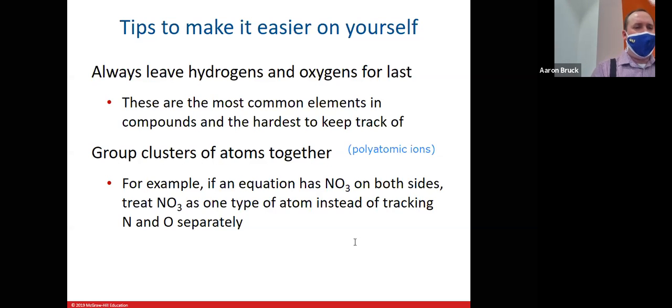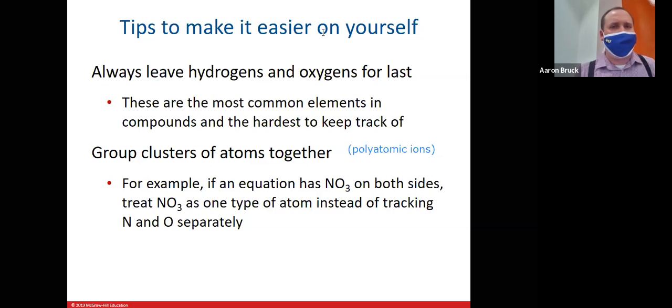Doing it this way will also make the task of keeping track of hydrogen and oxygen a lot easier, because some of your oxygens will be contained inside of those clusters. And it's a lot easier to maintain control and tracking of a cluster of atoms than it is individual atoms.